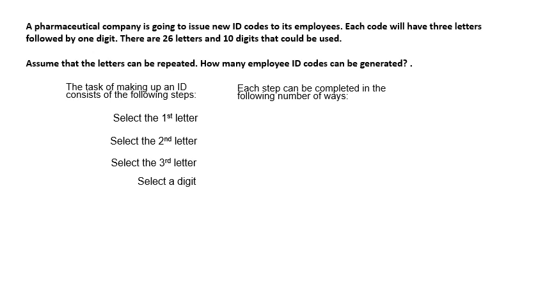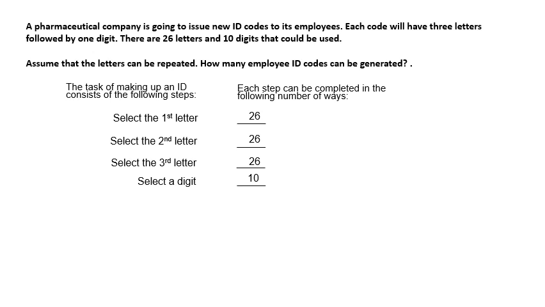Well, I can select the first letter by choosing from the 26. The second letter, I have 26 choices. The third letter, 26 choices. Then finally the digit, which has 10 choices, 0 through 9, correct?